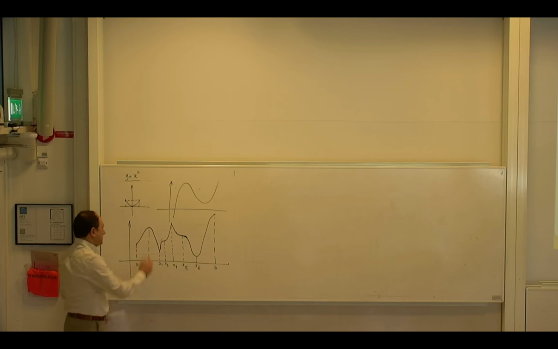For example, this point is not the highest point of the graph. You can see the highest point is there. But compared to the points in the neighborhood of this point, this is higher. If this happens, we say that this is a local maximum.